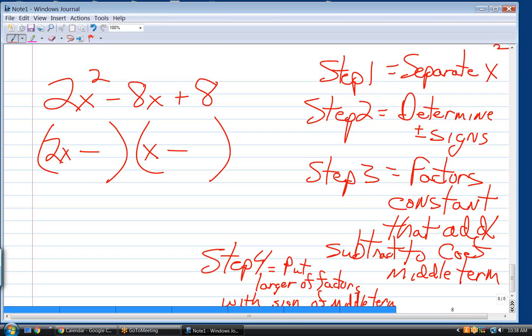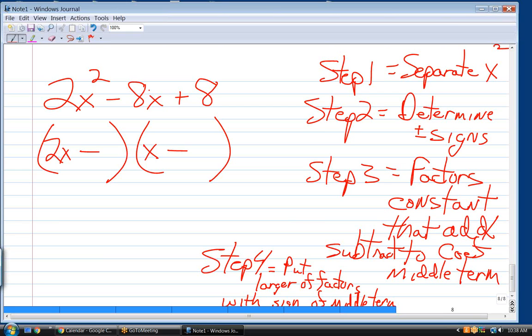Now, here's a problem. This is what I call a second-order quadratic. In other words, it's got a number in front of the x squared other than 1. This makes factoring it much, much harder. In other words, we can no longer use this step 3. I can no longer say factors of 8 that add to the number 8.